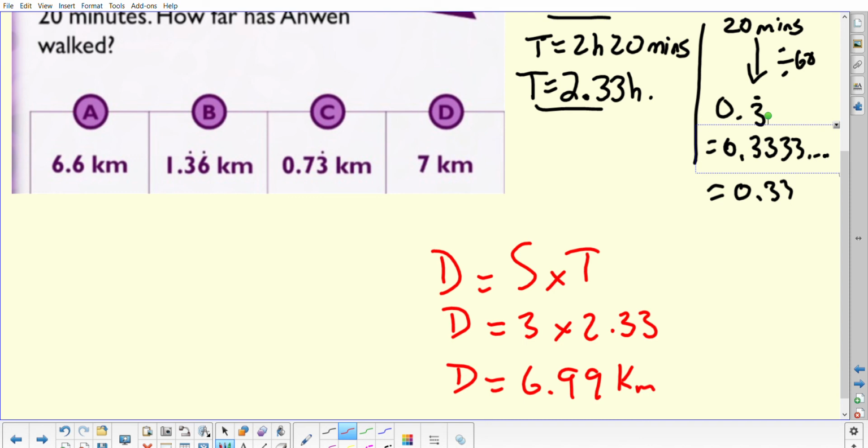Now when we check through there's none that's exactly that. Why is that? Because we rounded at this bit here, so the closest one to the nearest whole number would be that one there, which would be answer D.